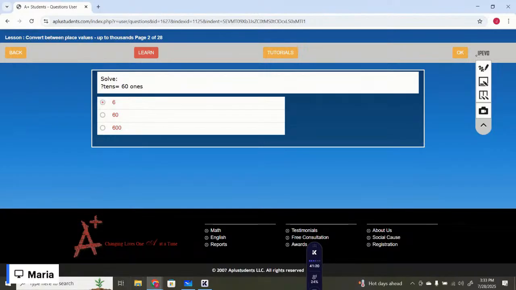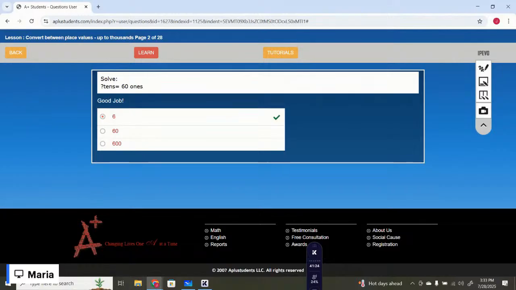Option number 1 is the correct option, that is 6 tens.